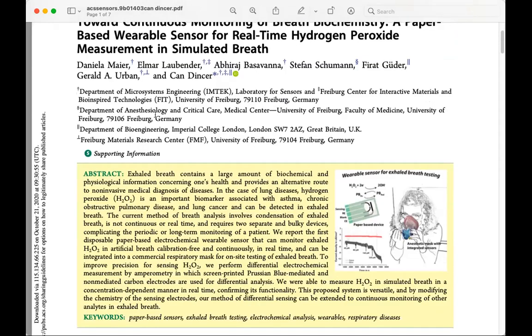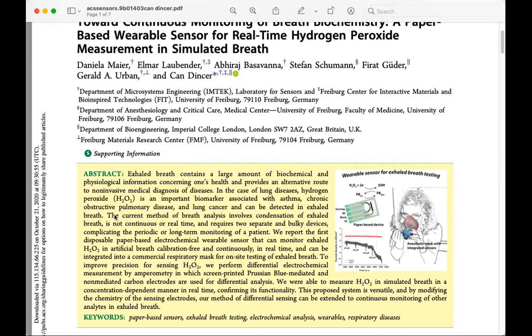So let's look at the structure of the abstract. Again, you have introduction. Exhale breath contains a large amount of biochemical, blah, blah, blah. Okay, so this is introduction. So he mentioned hydrogen peroxide, an important biomarker associated with asthma, chronic obstructive pulmonary disease, and lung cancer.